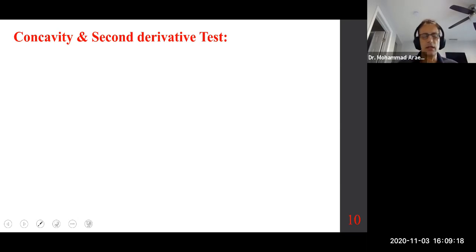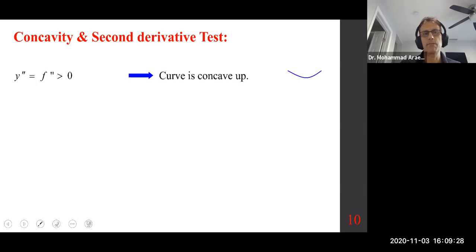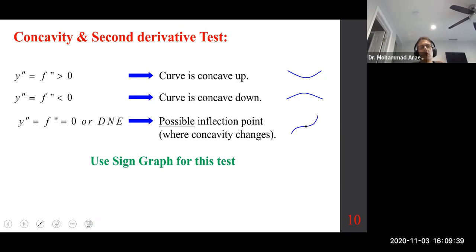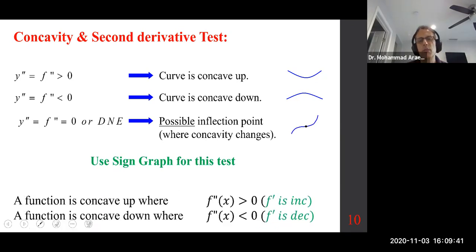Let's go to the second derivative. So let's find f double prime and see what happens. If it's positive, the curve is concave up. If it's negative, it's concave down. And that would be the possible inflection point. So concave up where f double prime is positive, concave down when it's negative.